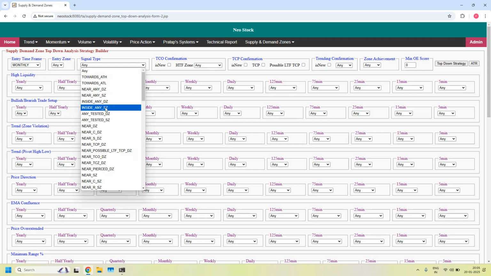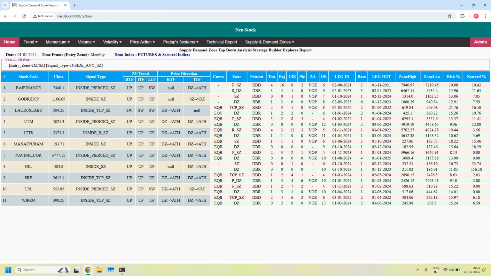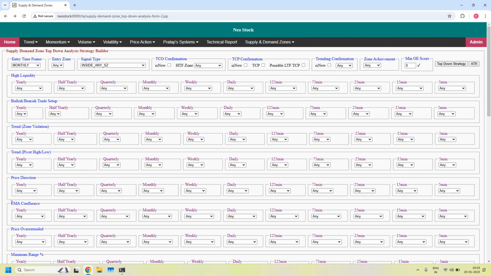Price closed inside monthly supply zone. We got 11 stocks. Out of these 11, how many monthly supply zones are having monthly EMA Confluence? Let's verify. In the EMA filter, I am adding the filter.